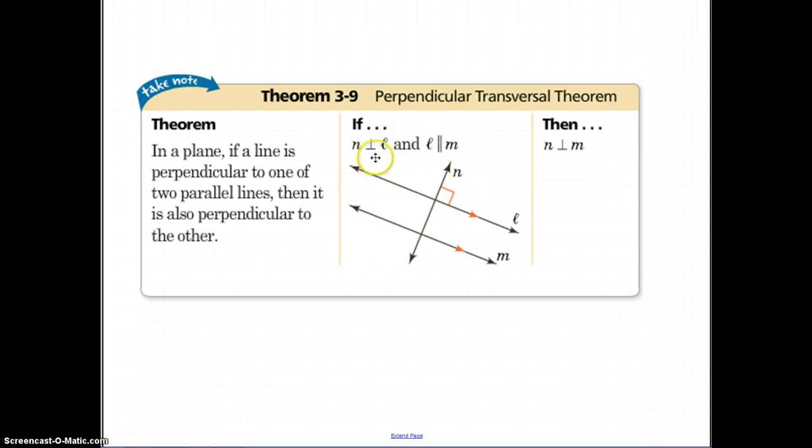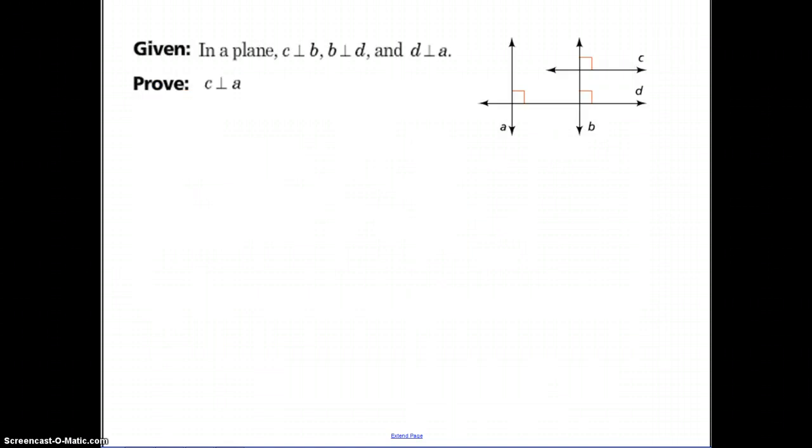If N is perpendicular to L, so right here we've got N perpendicular to L, and L is parallel to M, then we know we also have to have another right angle here, making N perpendicular to M. So let's do a proof with all of this goodness in one big old proof.